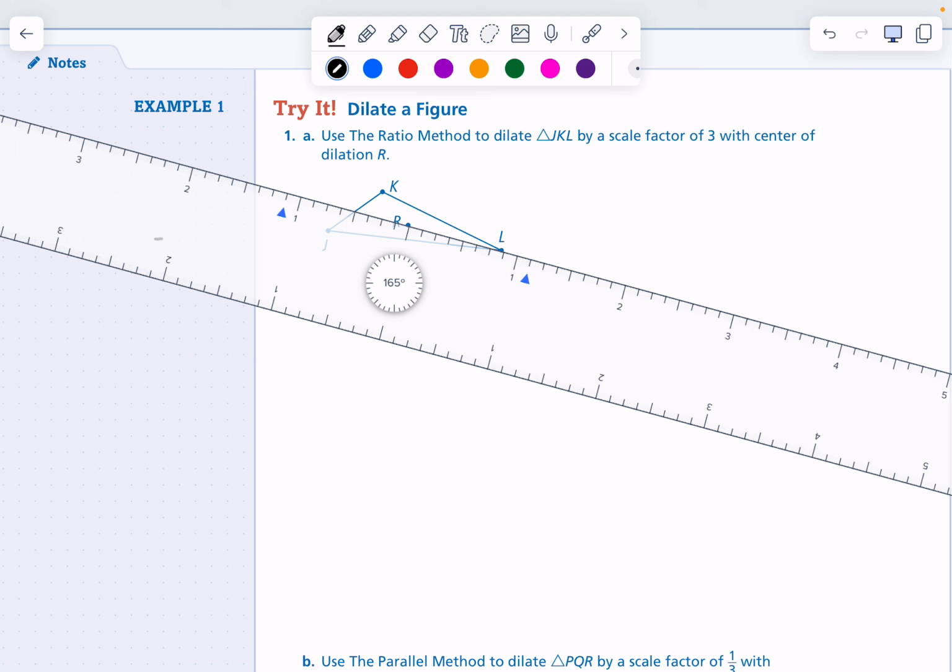Okay, so mine is 7/8 of an inch. So if I triple 7/8, I would have 21/8. So there's my new L.